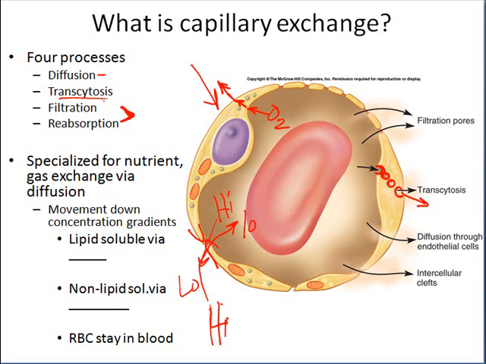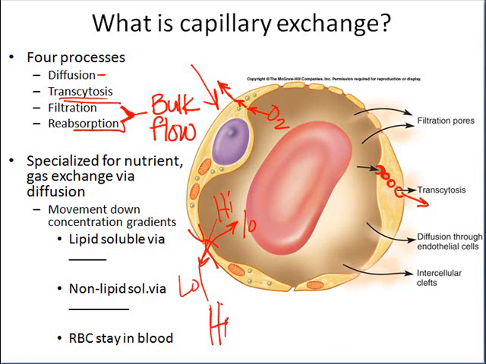Now, these next two terms, filtration and reabsorption, are really two different variants of a concept called bulk flow. And bulk flow is basically anytime I can, through a passive process, move a large number, a whole bunch of molecules in the same direction together, and I can do it at a speed much more quickly than I could do with diffusion.